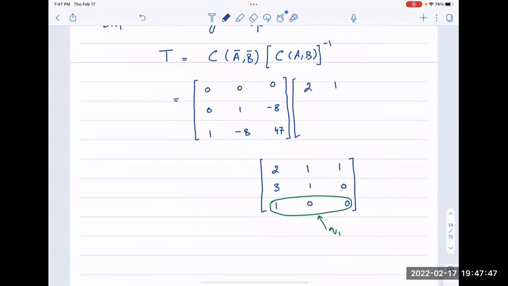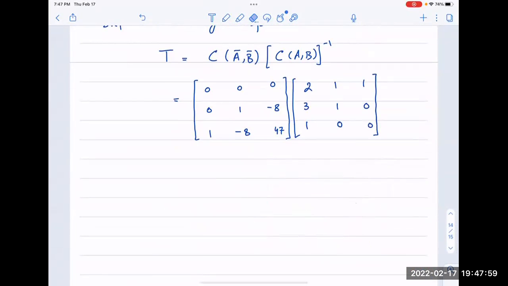So it's 2, 1, 1; 3, 1, 0; and 1, 0, 0. Okay, so if we multiply this, then we get our T to be 1, 0, 0; minus 5, 1, 0; 25, minus 7, and 1.